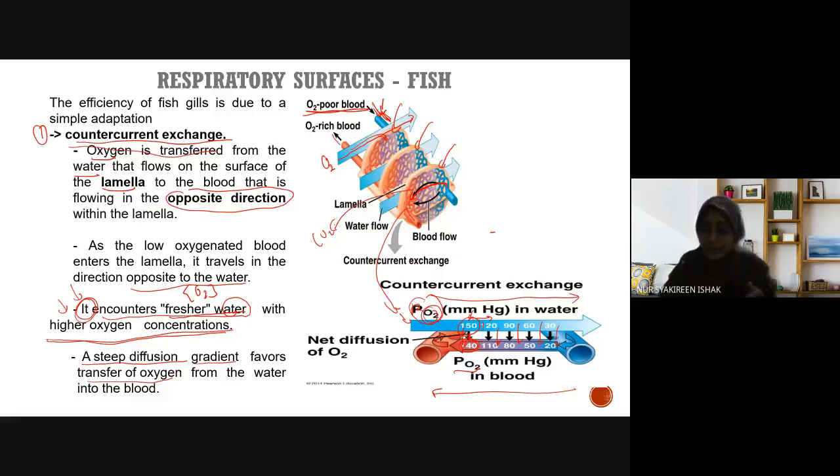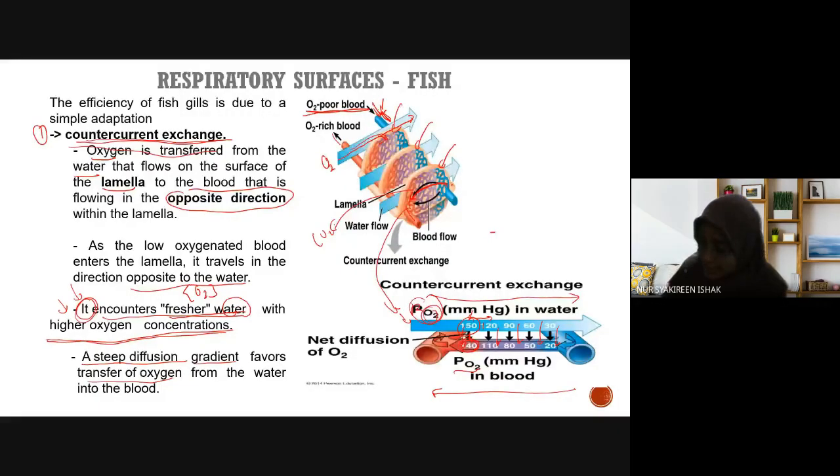Think for yourself: what happens if, in these blood vessels, the flow of blood is towards here? Here you have oxygen-poor blood, and this is oxygen-rich blood, from the vein through the blood capillaries in the lamella to the arteries.